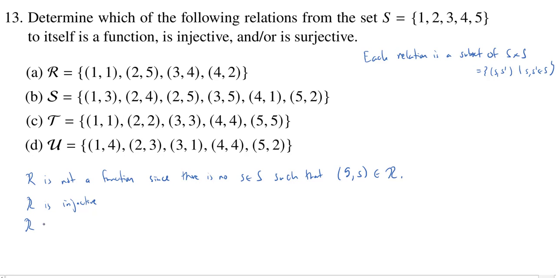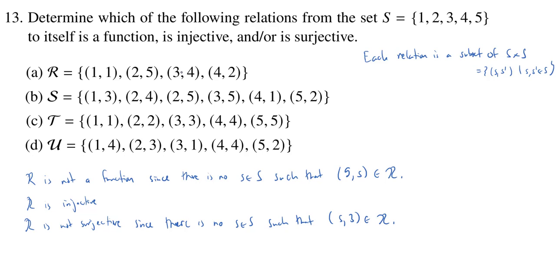So R is not surjective since there is no S in S such that S comma 3 is an element of R. So again, to be surjective, for each element in the codomain, in the second position here, we need to be able to find something to put in the first position, which will be in this relation R. And there is nothing with a 3 in the second position. Okay, so R is not a function, it is injective, and it's not surjective.